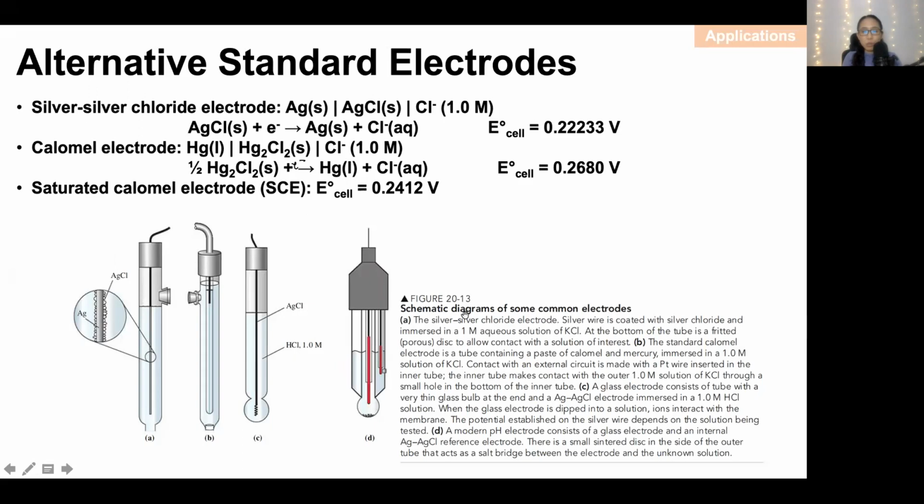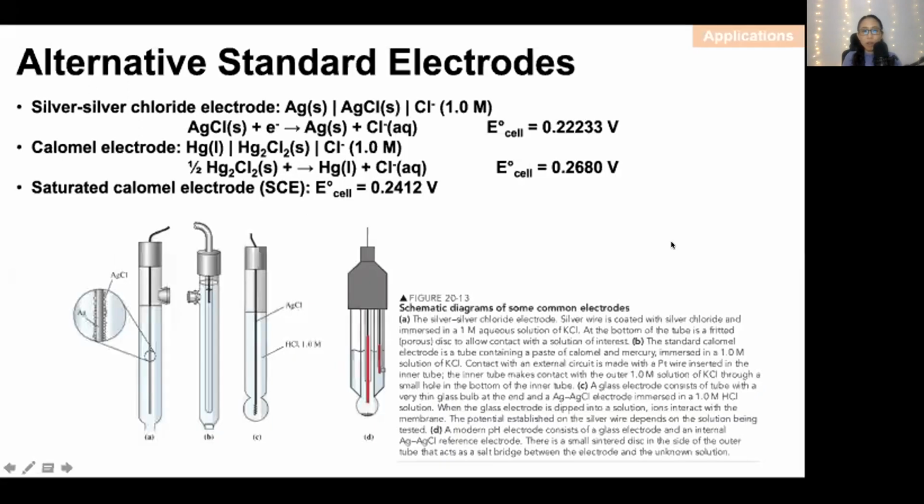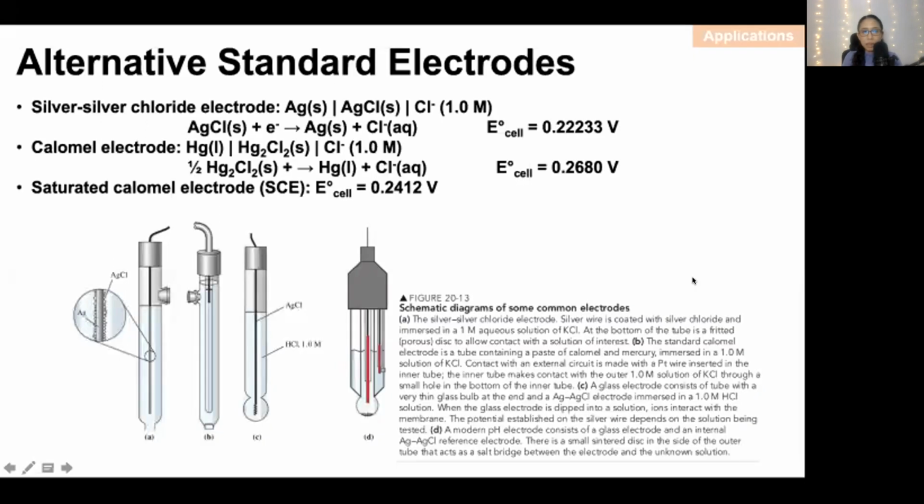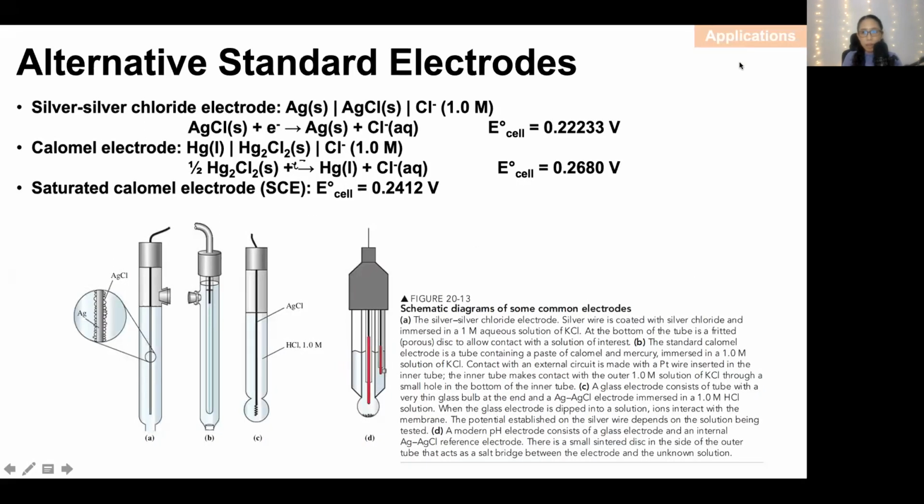And for this one, it has a standard reduction potential of 0.2412 volt. So these are the typical reference electrodes used for more practical contexts wherein your standard hydrogen electrode is not very applicable. It's not very advisable to use.